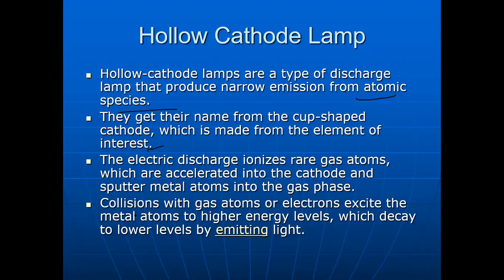Due to the passage of the electric discharge in that cathode lamp, the rare gas will be ionized and excited. The metal atoms are excited to a higher energy level. Automatically, some light will be emitted. That emitted monochromatic light we use in our analysis.